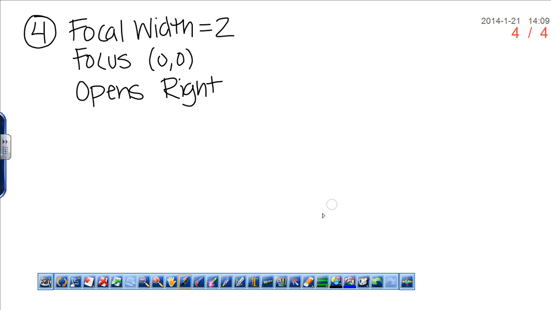Now, another way you could be told this same information is you could be told that the parabola is horizontal and that your p-value is greater than 0. So be prepared to see it given to you either way. See it as opens right or see it as horizontal with a p-value bigger than 0.